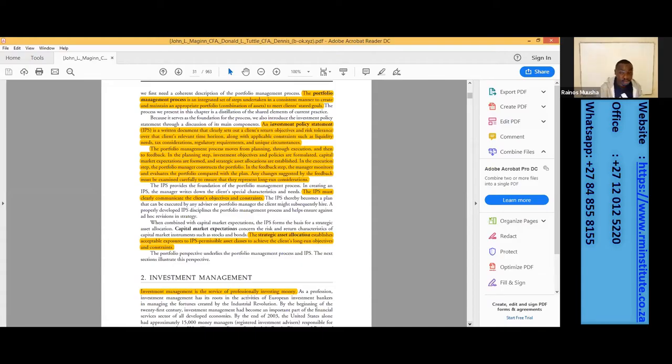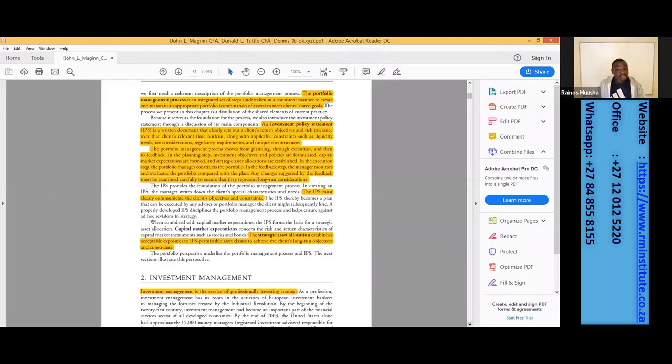On the investment policy statement, once you prepare it, meet the client and make your recommendations, the client is also expected to sign the investment policy statement, and also initial every page, to show that you've advised the client and the client is aware of what recommendations you made and what the risks involved are.